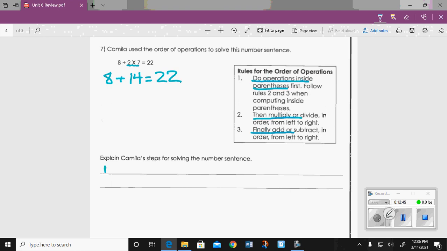So first what she did, Camelia solved the 2 times 7 and got 14.